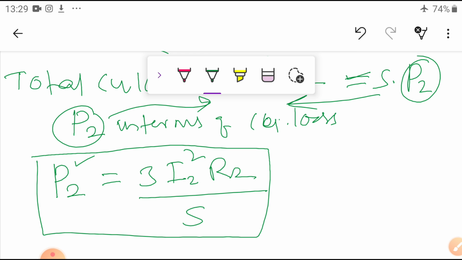Okay, so if you know P2, then what is the rotor current? Now in this case I want the rotor current. If you know the rotor current and the slip, I can easily calculate the rotor input. Just calculate what is I2.